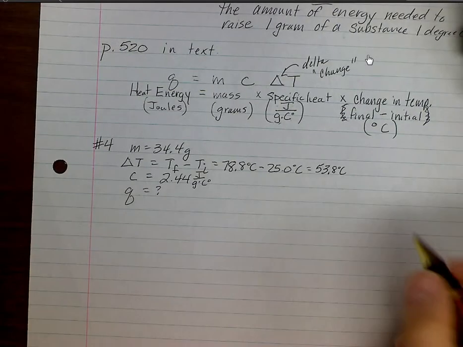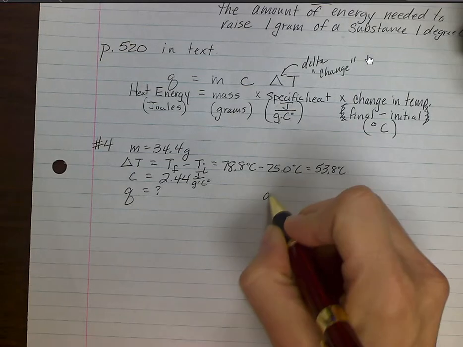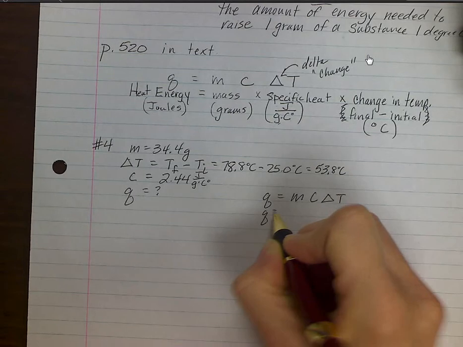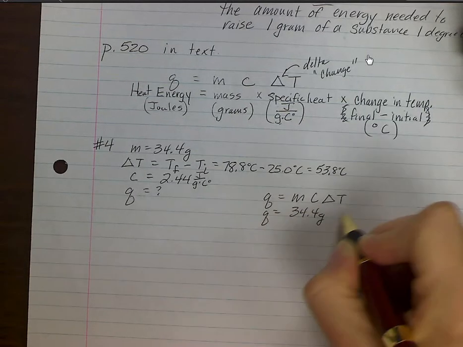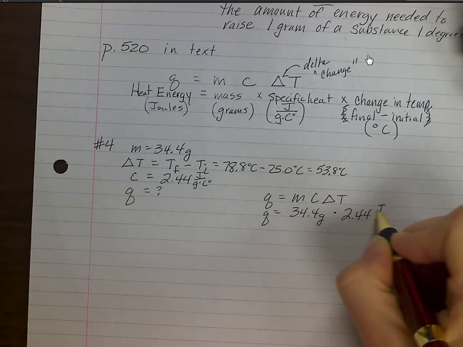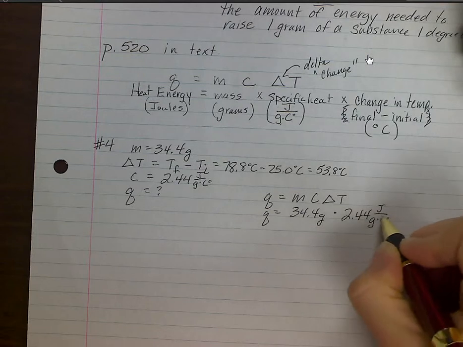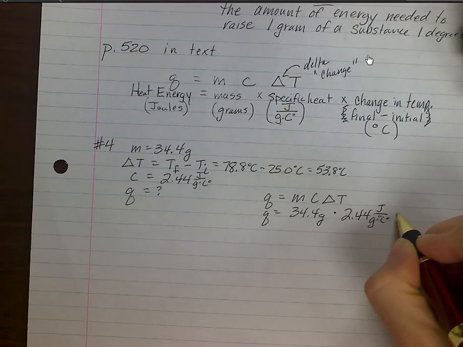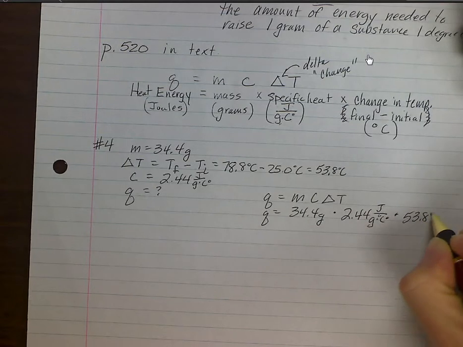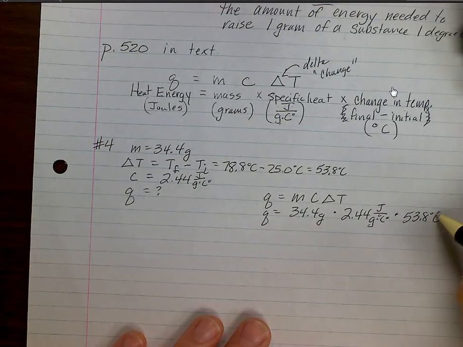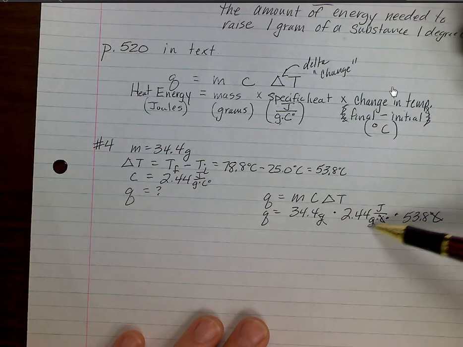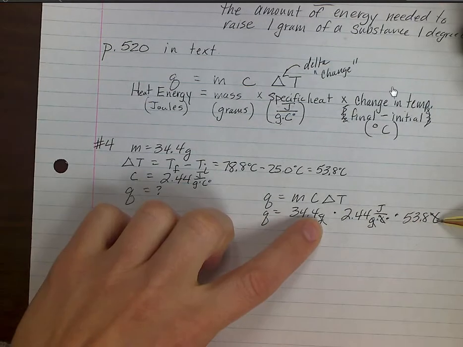Q equals 34.4 grams times our specific heat, 2.44 joules per gram degrees Celsius, times 53.8 degrees Celsius. Notice how our units cancel. Degrees Celsius cancels, and grams cancels, because both are in the denominator and these units are in the numerator. I'm left with joules, which is the unit for heat.